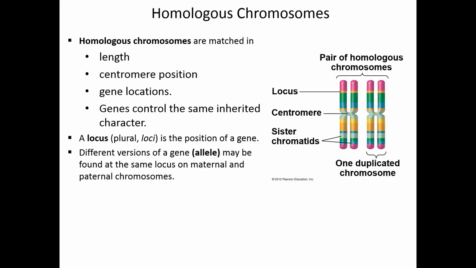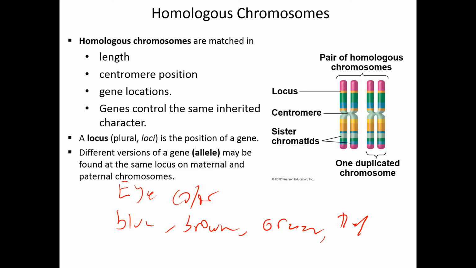So, differentiating between characters and traits. A character would be something like eye color. That would be a character or characteristic. You could have different traits: you can have blue eyes, brown eyes, green eyes, or red eyes. Each of these is an individual trait, and each individual trait is going to be encoded by a particular allele.